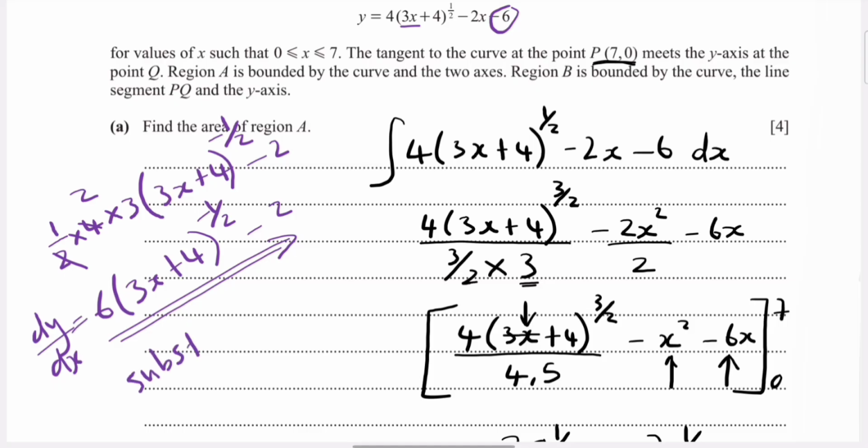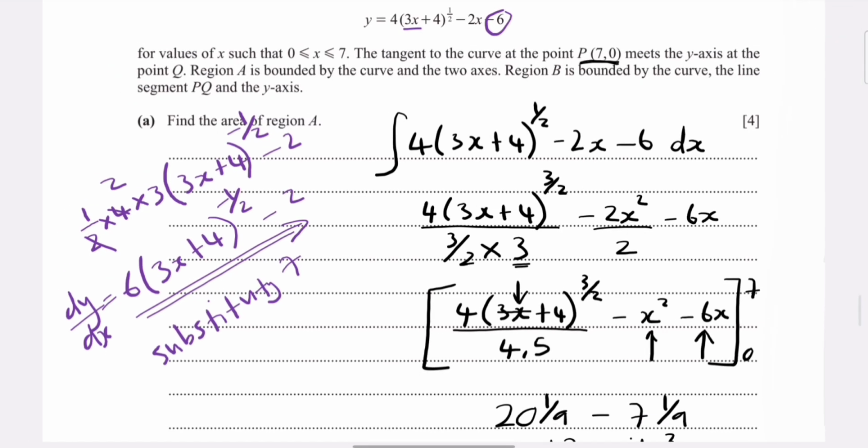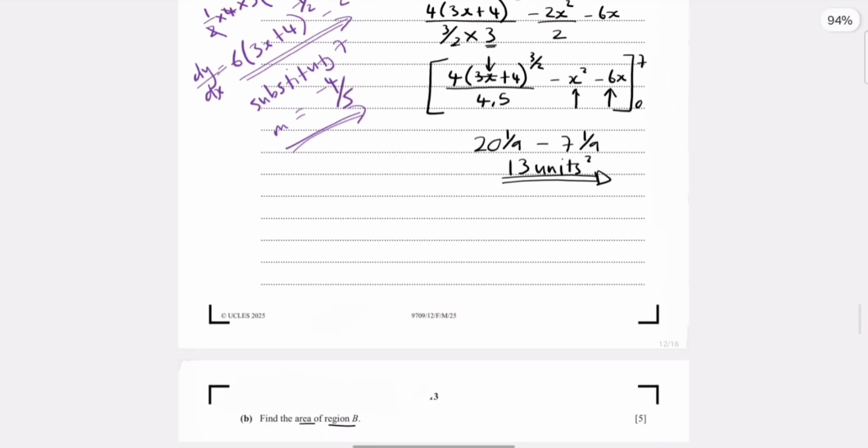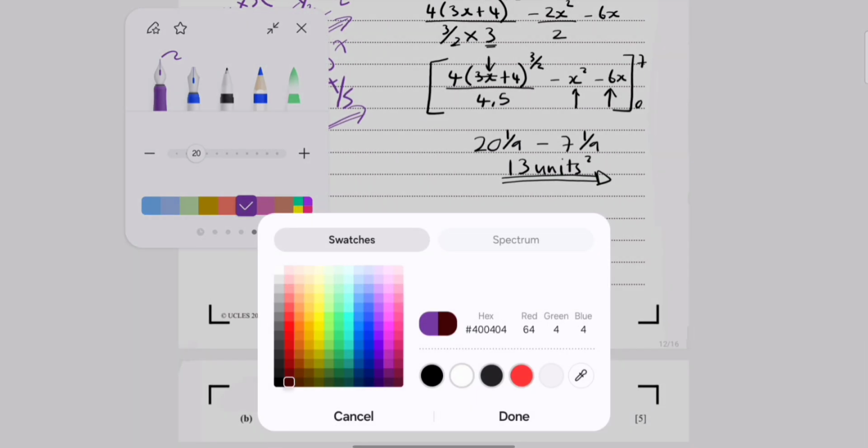Substituting 7, we get 6 over (21 plus 4) to the power half, minus 2. We're getting m to be minus 4 over 5. So using that value of m and point P, we can get the equation of the line.